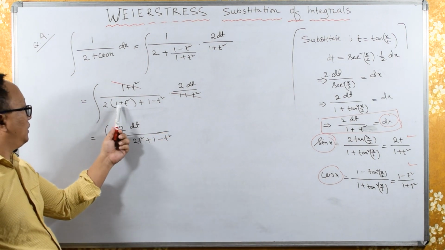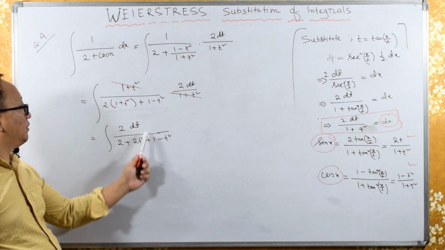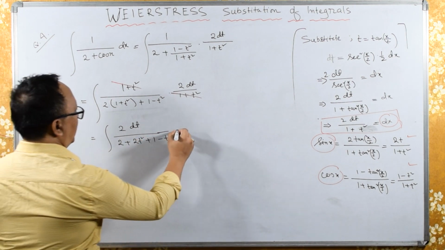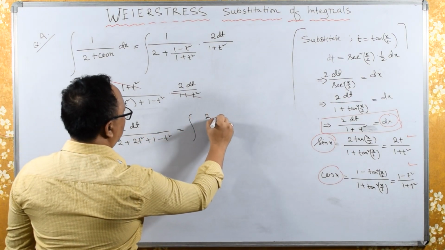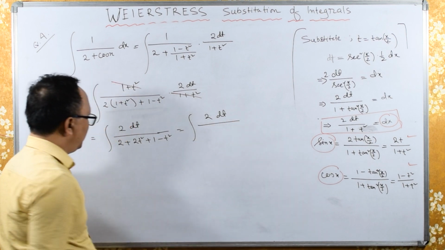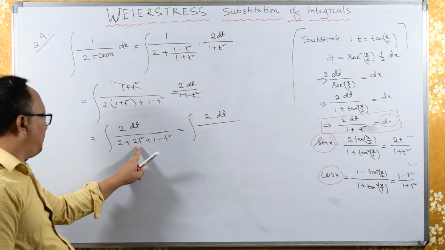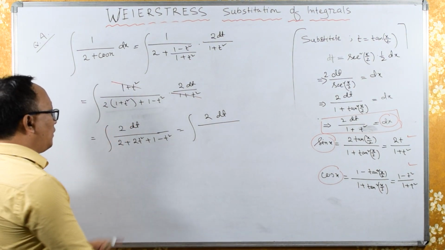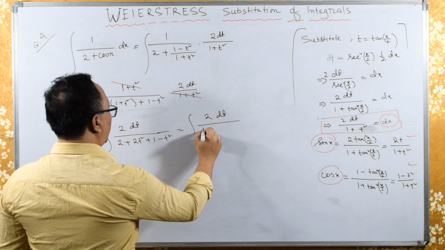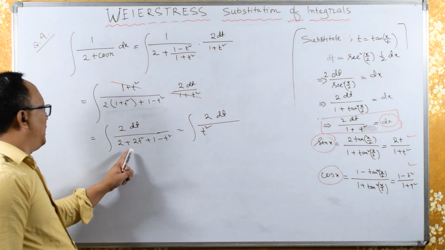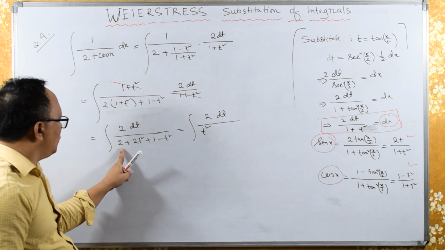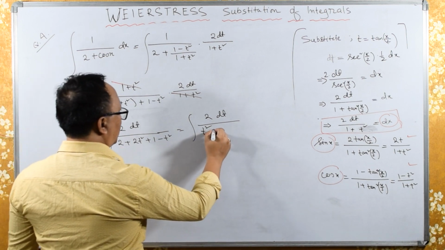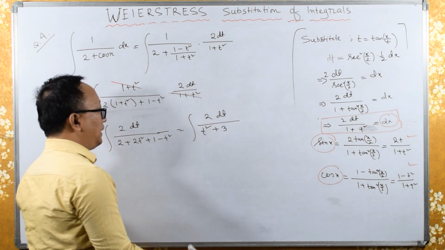This is the same as 2 dt upon, what is t square? Here you have plus 2t square minus t square, you have only t square. 2 plus 1 is 3, plus 3.